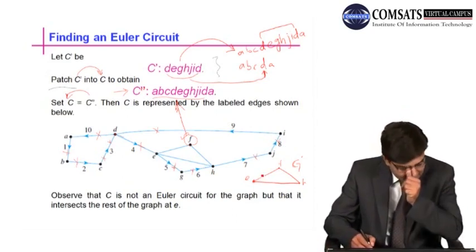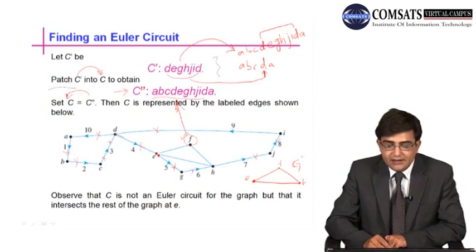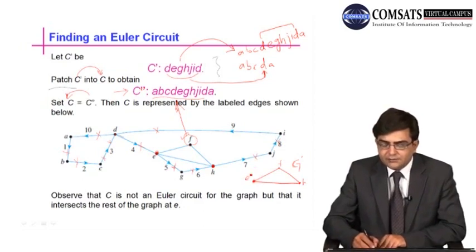Now what are the common vertices in C and G dash? E and H are common vertices, because H is also in circuit C and E is also in circuit C. So there are two vertices common to circuit C and the graph G dash.